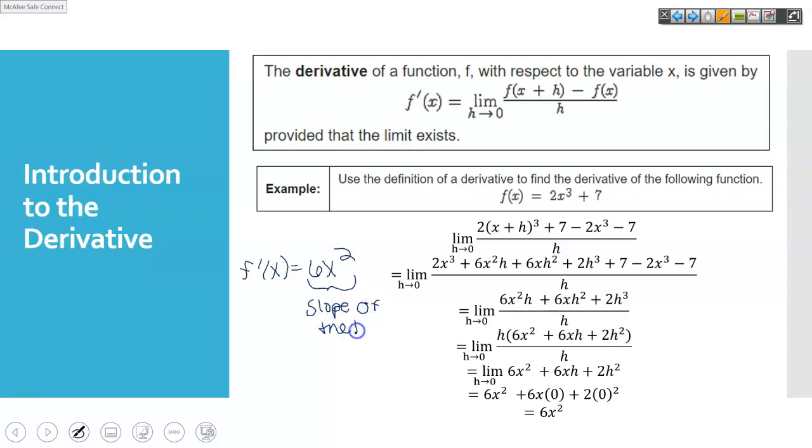of the tangent line for any point x. So f prime of x represents the slope of the tangent line for any point x. And then we say, okay, well, what is the equation of the tangent line when x is 2?